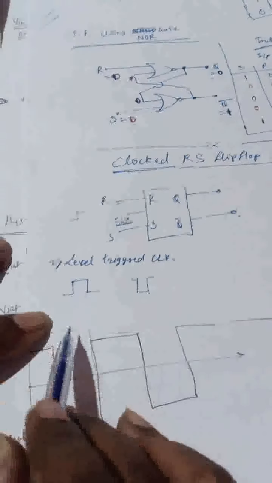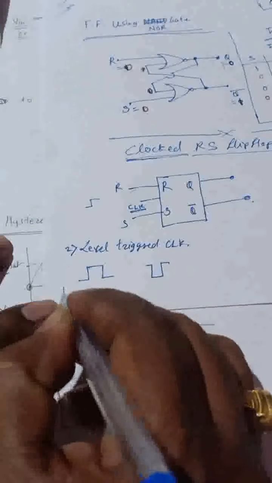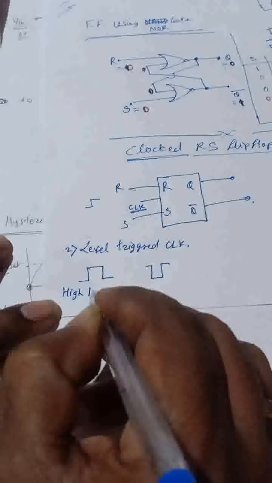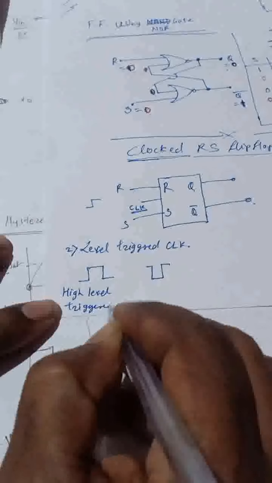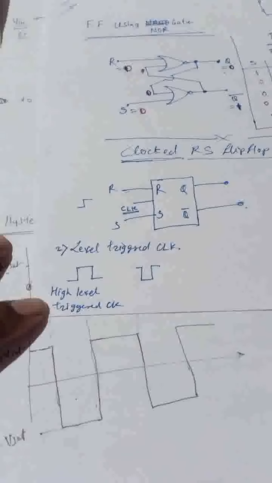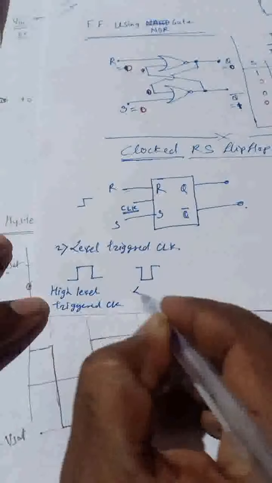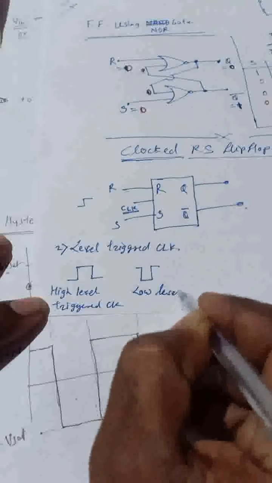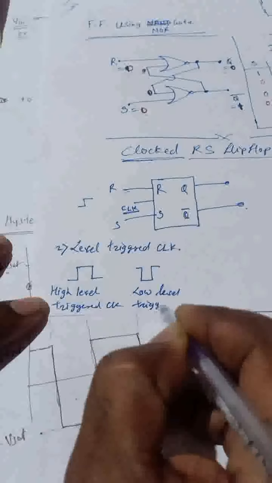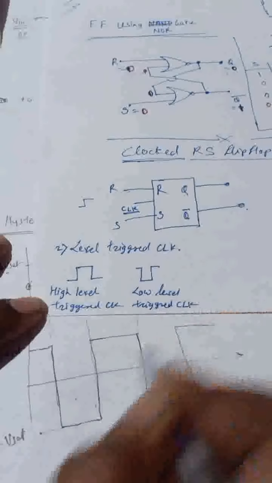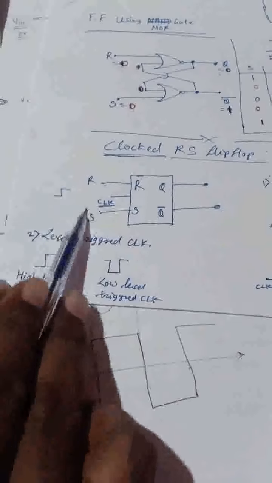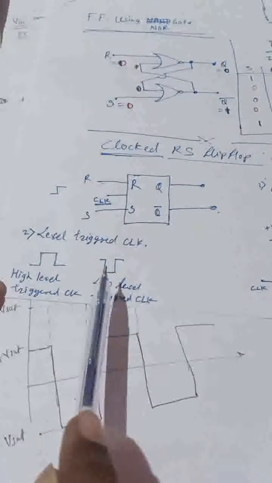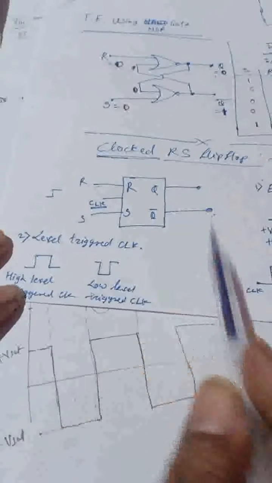So this is called a high level triggered clock, and this is a low level triggered clock. When you apply high, the change is transferred to the output. If you apply low, then the change is transferred to the output.